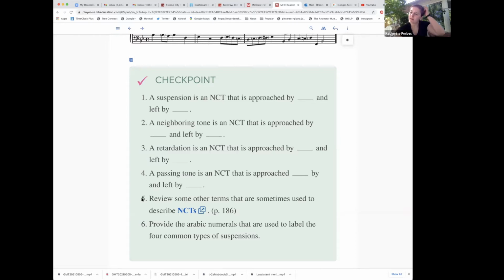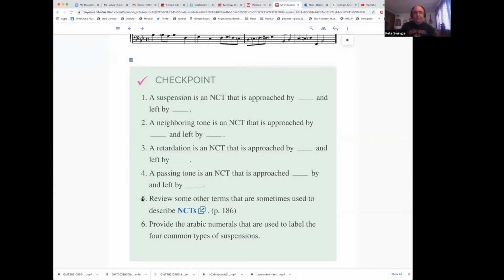Step, then leap, I think. Anybody? It's a step and a step, but it returns to the step it came from. The neighboring tone is a step and a step in the opposite direction.